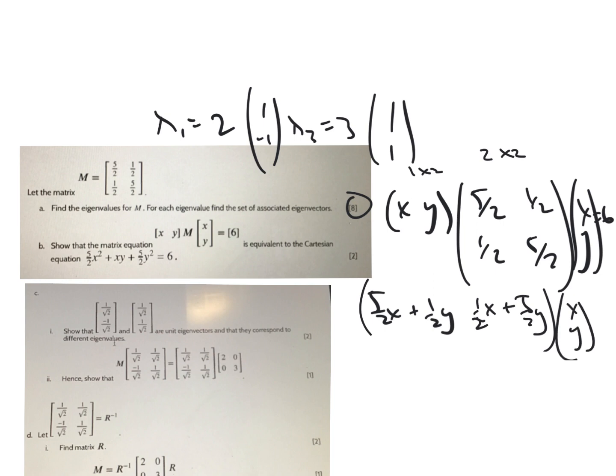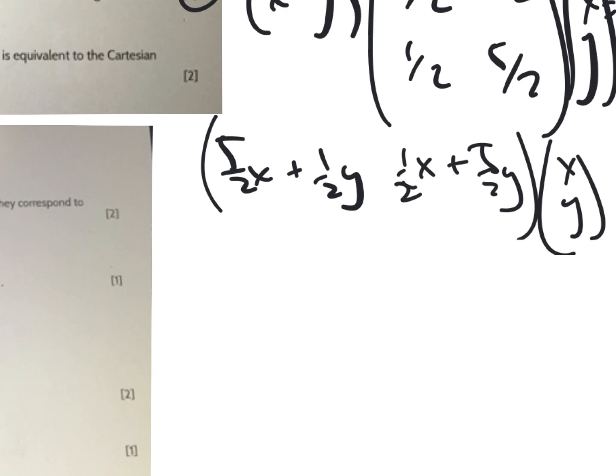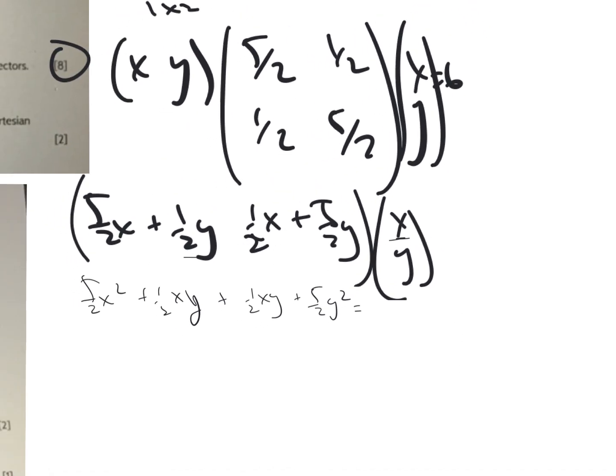And now when I look at this, it's these two multiplied by those two, and if I work it all out, I end up with 5 halves x squared plus a half xy, because it's the x times that, plus half xy plus 5 halves y squared is equal to, the value over here is 6.